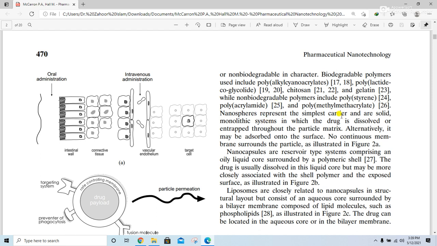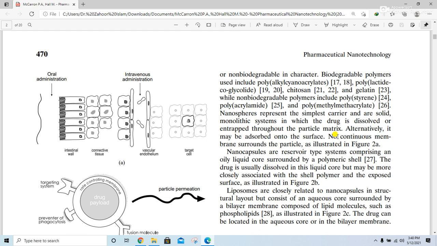Nanospheres represent the simplest carrier, and they are solid monolithic systems in which the drug is dissolved or entrapped throughout the particle matrix. Alternatively, it may be adsorbed onto the surface, and no continuous membrane surrounds the particles, as illustrated in figure 2a.